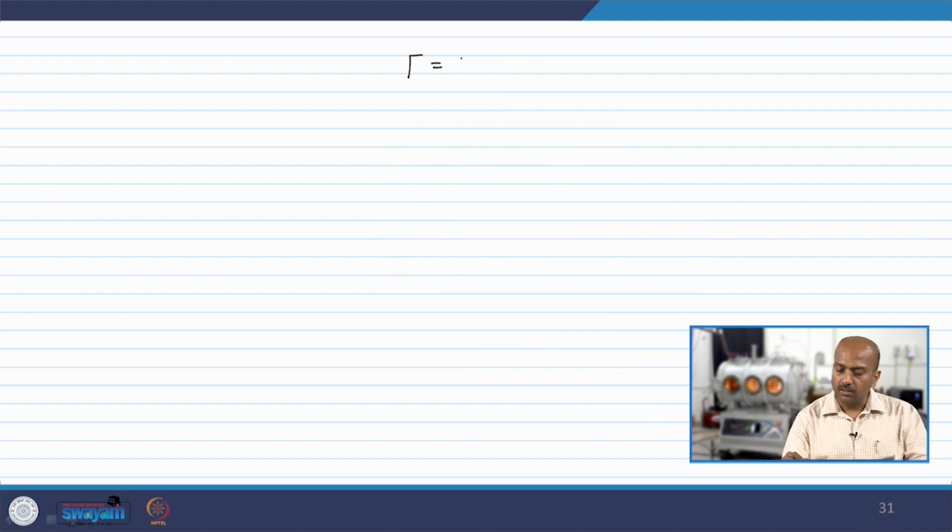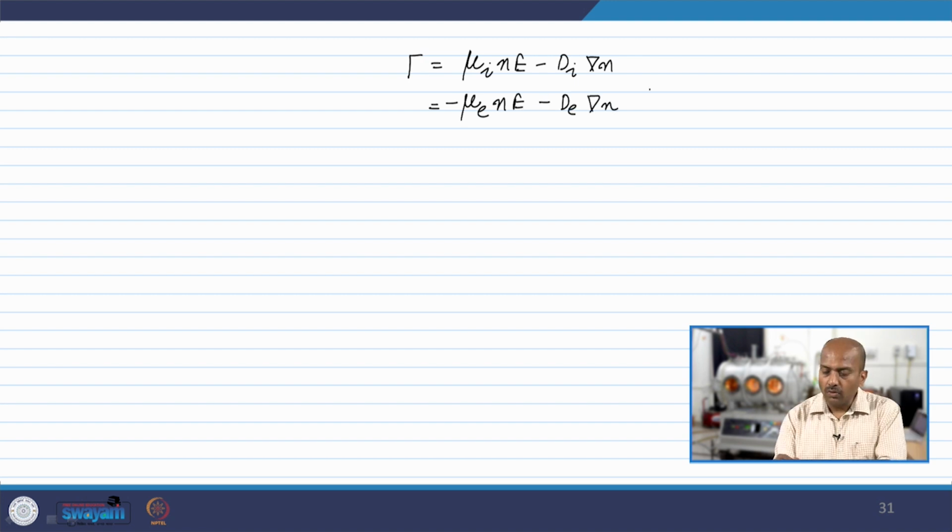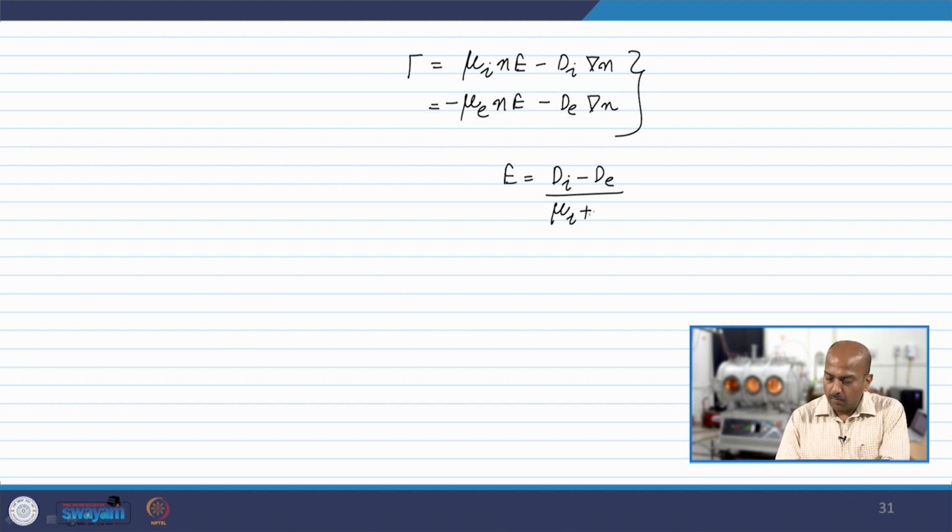So, Γ is μI nE − DI∇n, which equals μe nE − De∇n. So, from these two equations, the electric field E can be written as (DI − De) divided by (μI + μe) times ∇n by n.